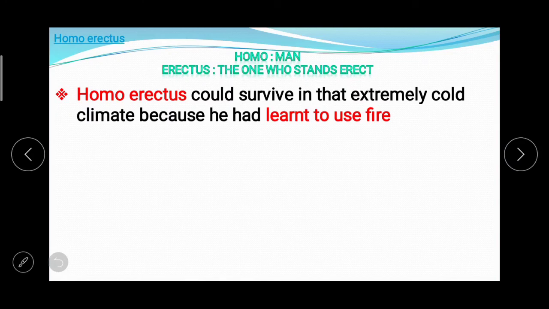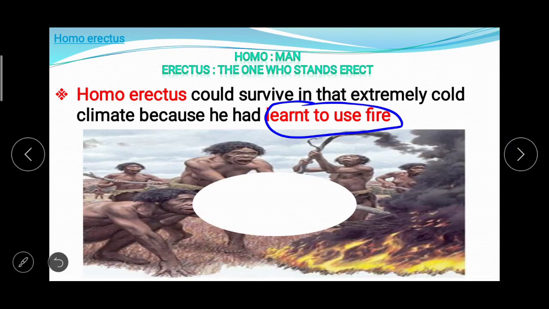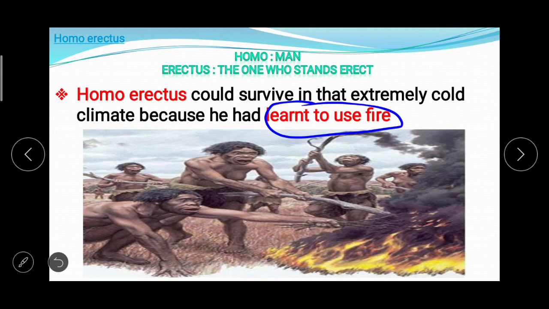Homo erectus could survive in that extremely cold climate because he had learned to use fire. Having seen wildfires, humans knew about fire, but Homo erectus learns the technique of fetching the burning branches of trees to use that fire, like this in the image you can see.